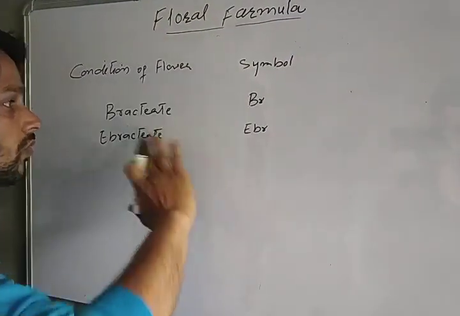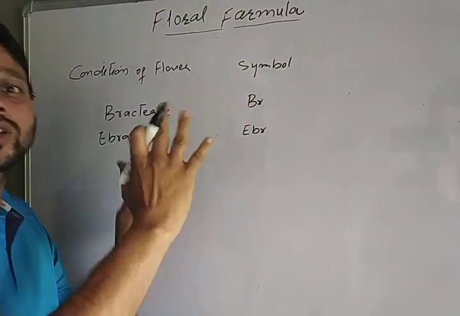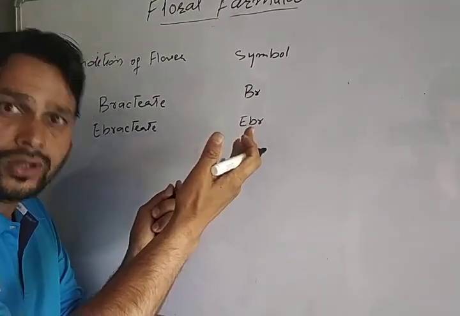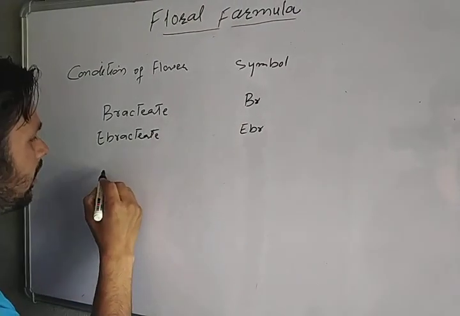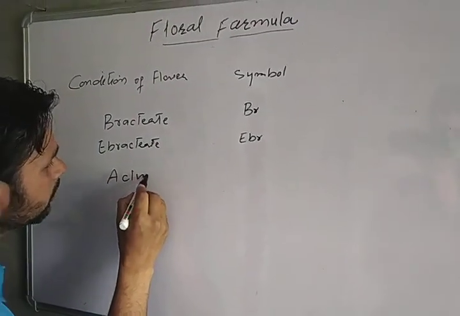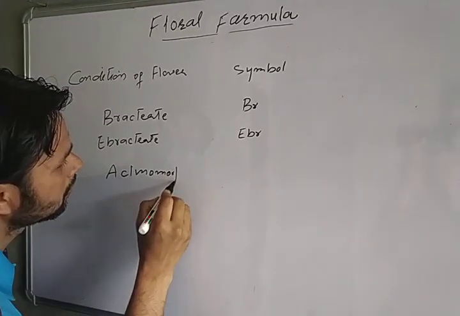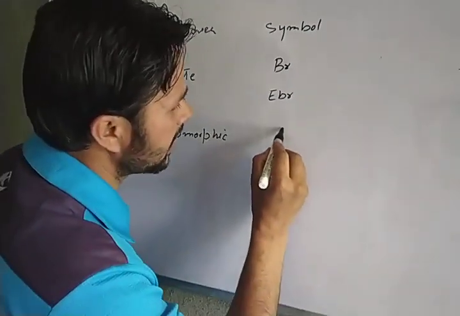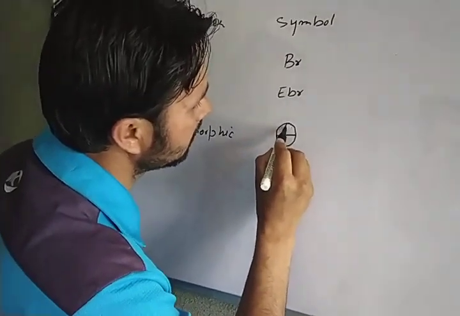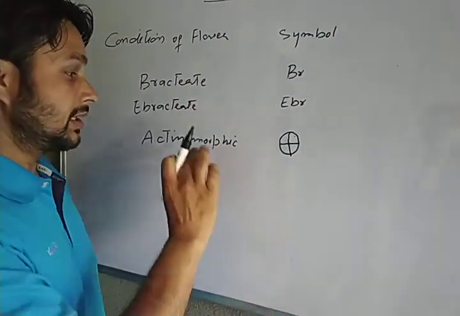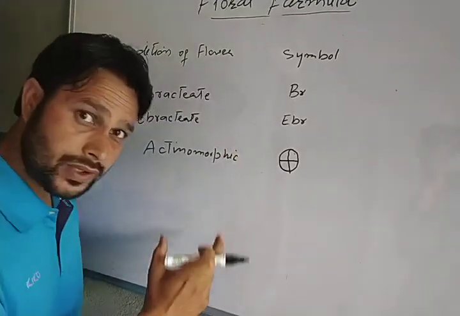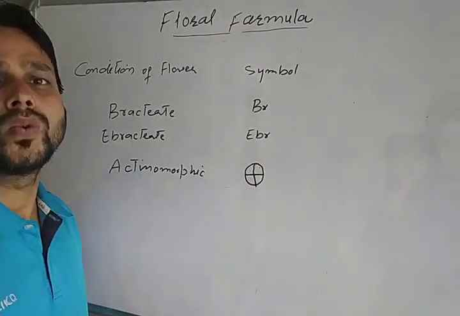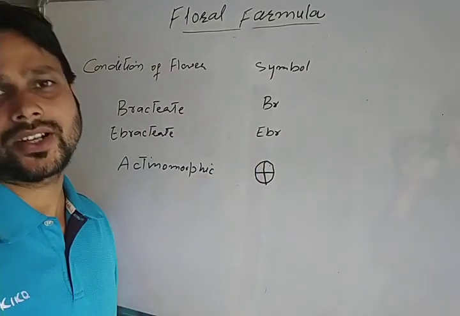Now we look at the flower thoroughly. We can say whether it is actinomorphic or zygomorphic. If the flower is actinomorphic, it is symbolized by a circle and plus. This means the flower can be cut into two equal parts by any vertical section.